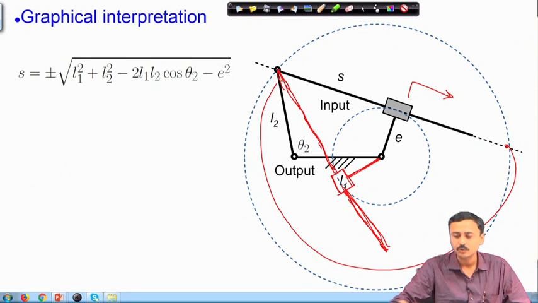So, this has to pass through the slider on the other side and go over to the other side.